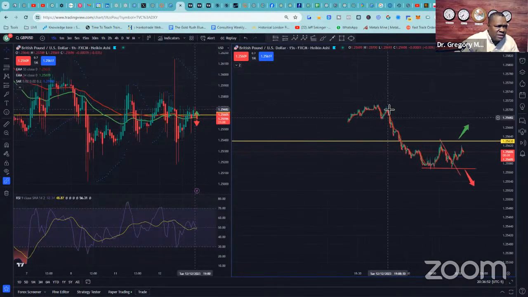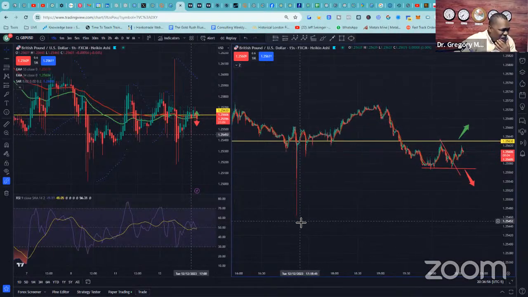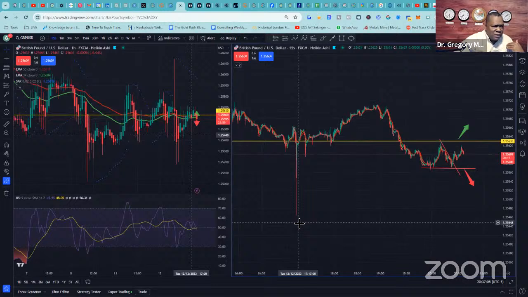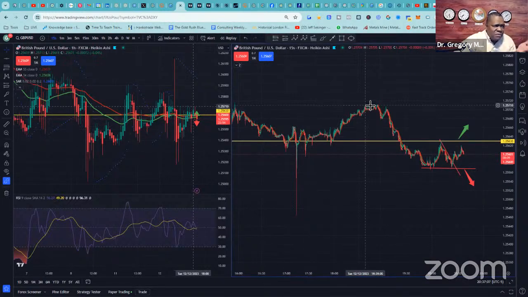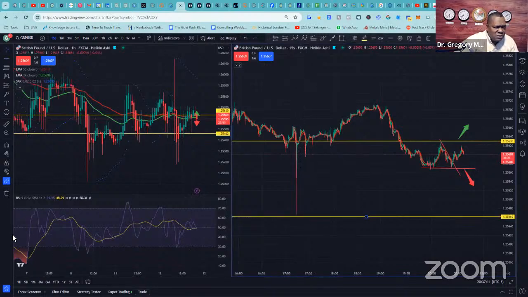Right? We went from trend up, trend down, trend way down. Now this was in the direction of the dollar. So you think we went in the direction of the dollar and we rallied up on this news.